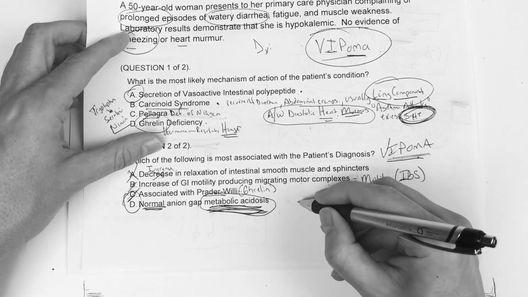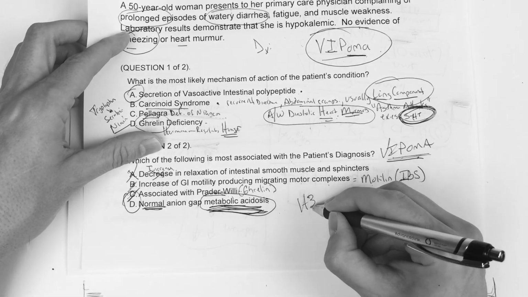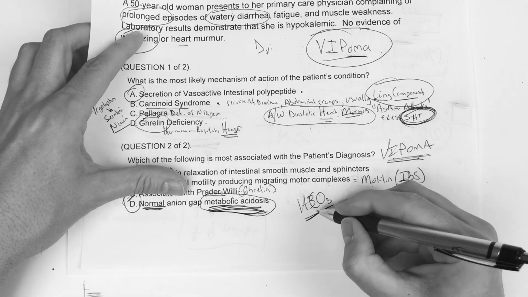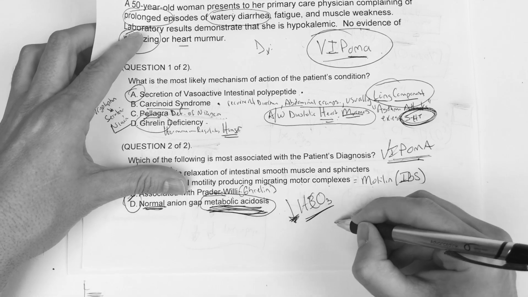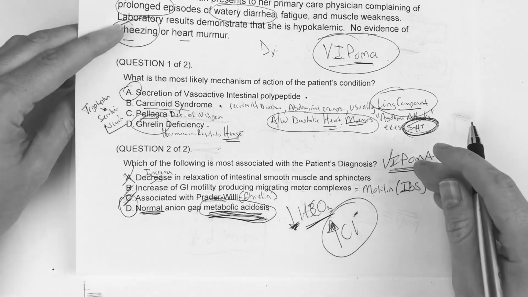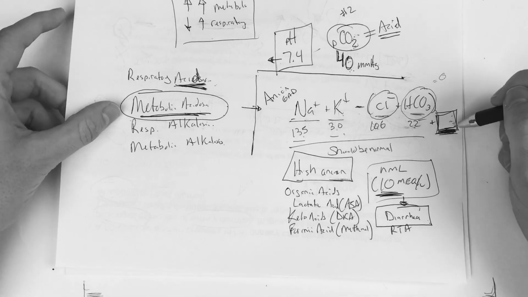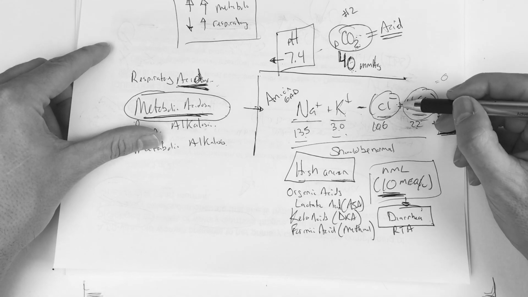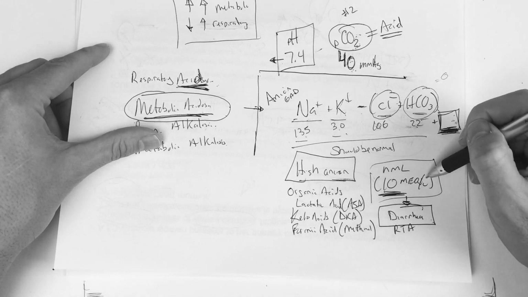Why is it normal? Because despite us losing all the bicarb, what do the kidneys do? Bicarb went down, so they give us more chloride. And it's because of that that this doesn't change, and it's a normal anion gap of 10.